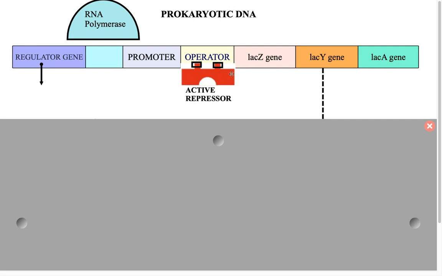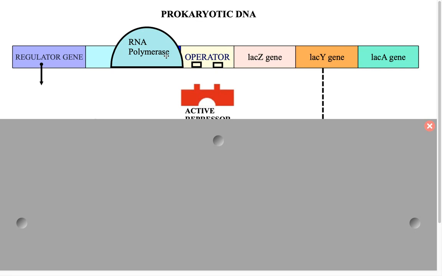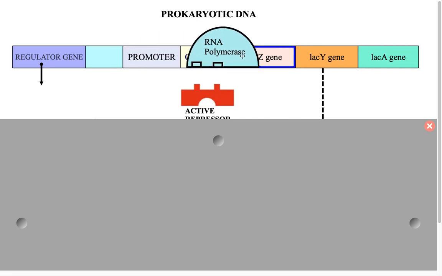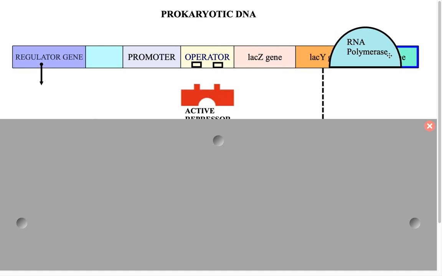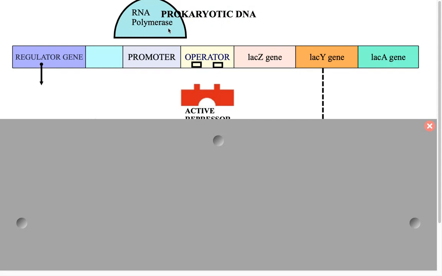Normally, when this active repressor isn't there, the RNA polymerase would bind to the promoter, and then it would run the segment of this DNA, and it would make an mRNA message that would eventually be translated into proteins. But this is an induced operon, which means that it only turns on when it's needed.